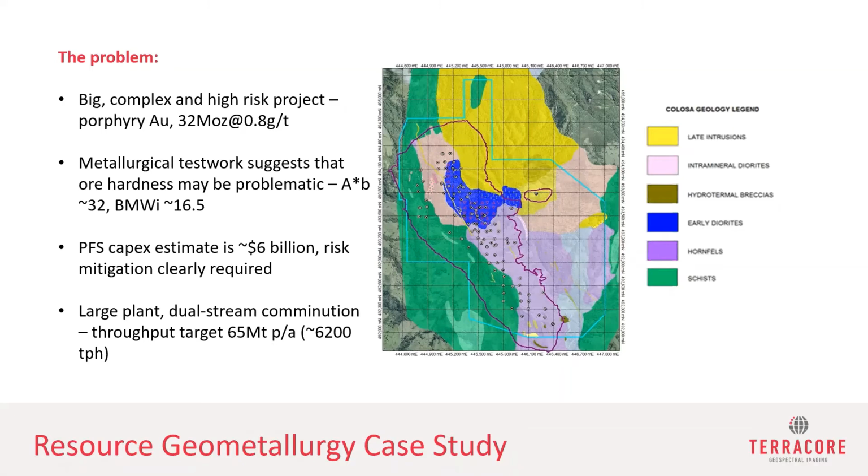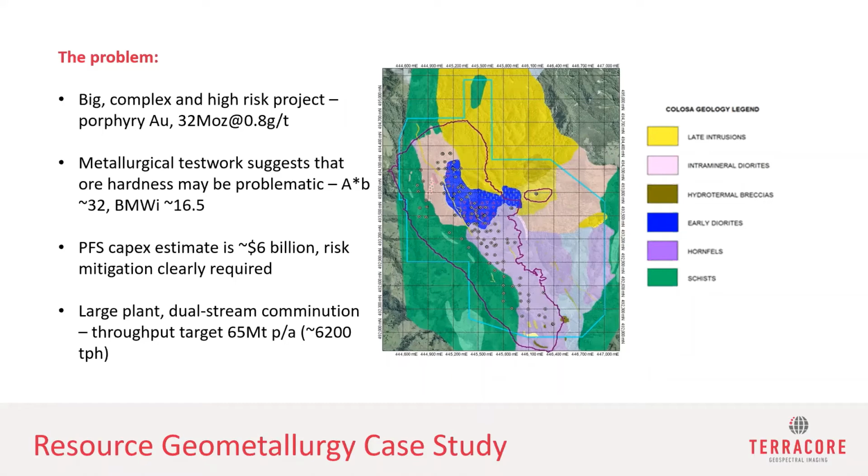And to do that, 65 million tons a year, which is about 6,200 tons per hour, which is in the Escondida, Chuquicamata type range of operations. So this would be one of the biggest mining operations on the planet. And that required a PFS capex of about 6 billion.